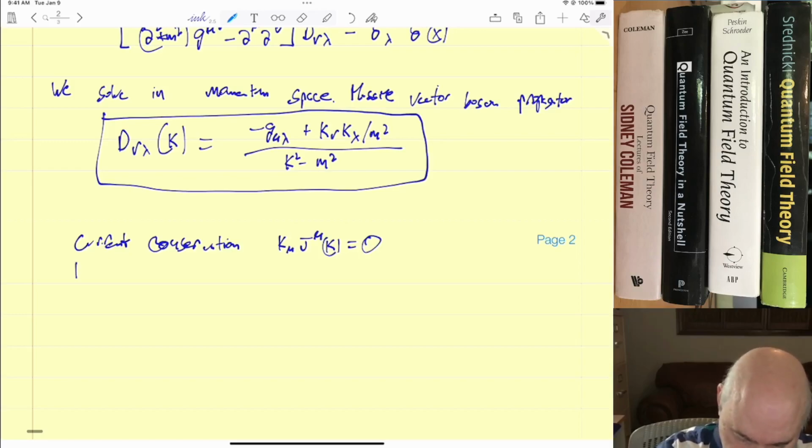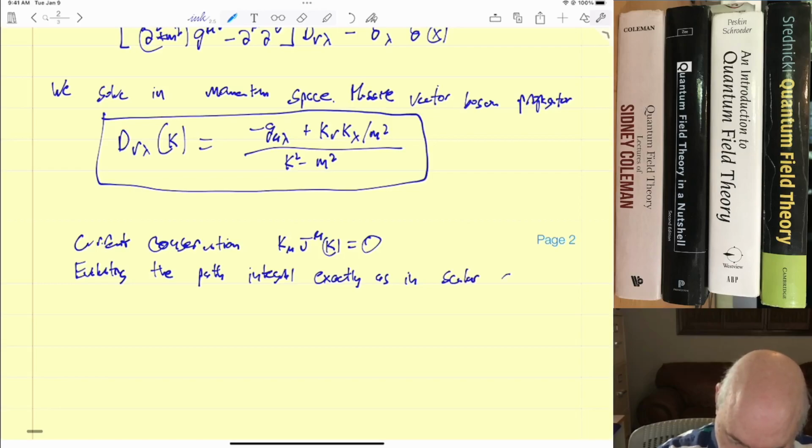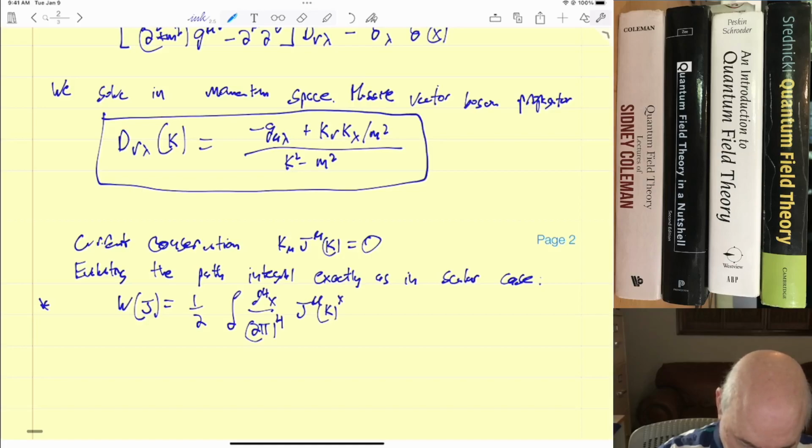And evaluating the path integral exactly as in the scalar case, we're going to get, and this is a very important formula, W(J) is equal to 1/2 the integral of d^4k over (2 pi)^4, J_mu(k)* times 1 over k squared minus m squared plus i epsilon times J^mu(k).